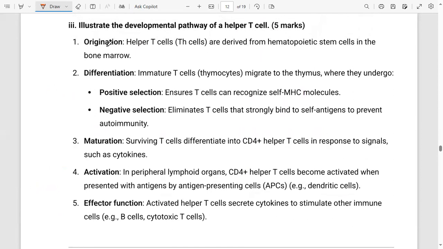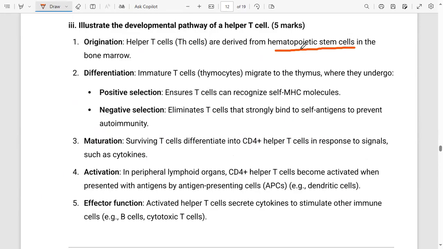The first step is the origination. Where do these helper T cells come from? We know that helper T cells are derived from the hematopoietic stem cells, which are found in the bone marrow.